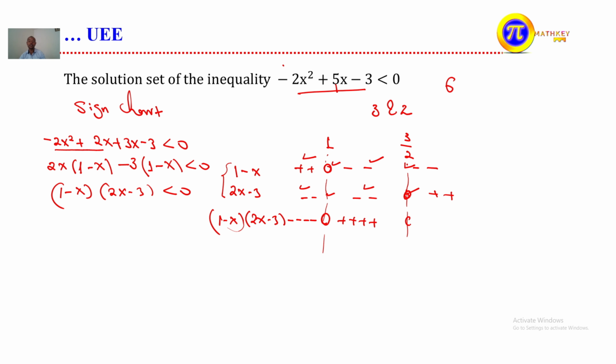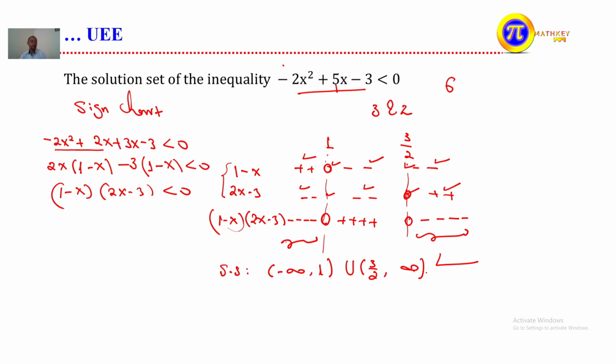Negative times 0 is 0. Negative times positive is negative. What we want is strictly less than 0, which means it must be negative, in this region as well as this region. So the solution set for this inequality is negative infinity to 1, excluding 1, union 3 over 2 to positive infinity. We can find it in such forms using the sign chart.